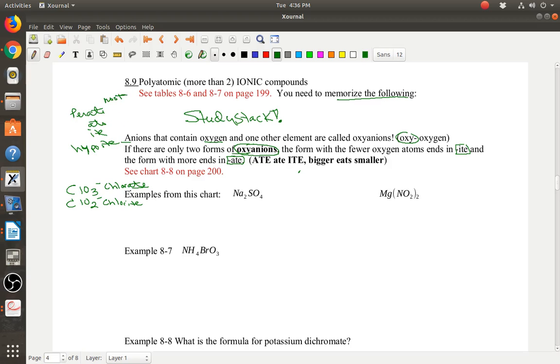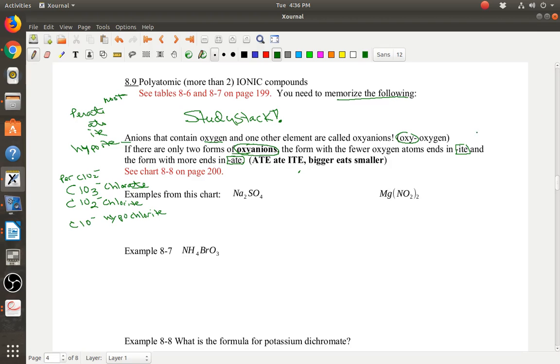So perchlorate would be ClO4 minus. And hypochlorite would be ClO minus. So it's per-"ate," "ate," "ite," hypo-"ite."